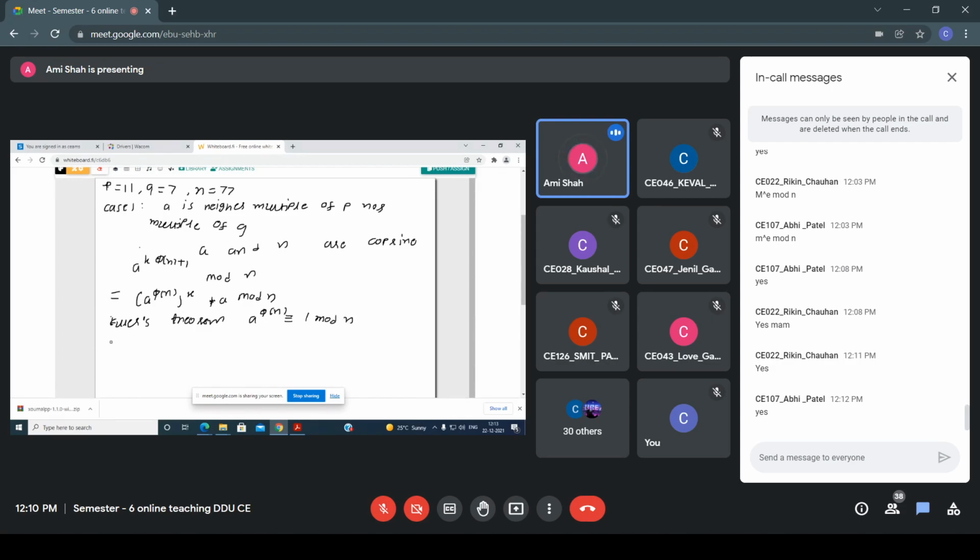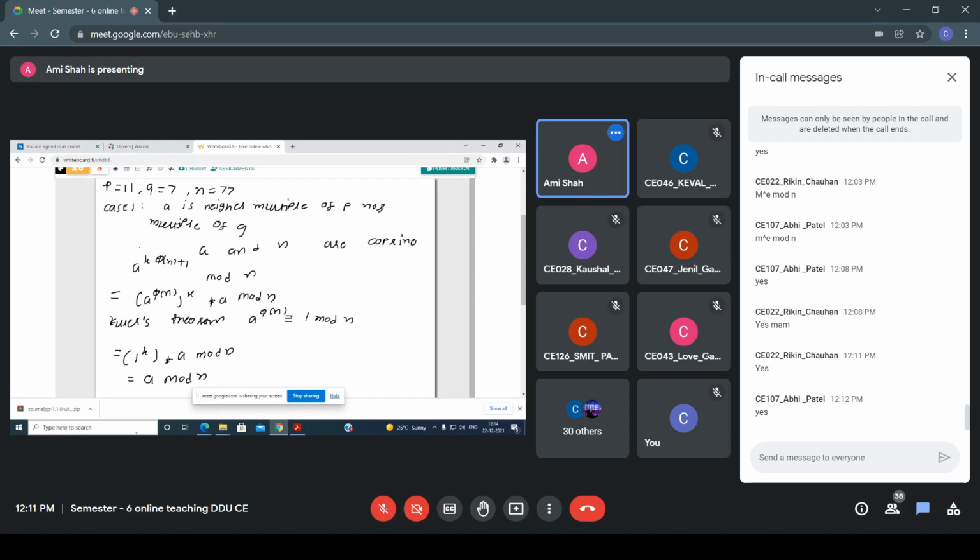So I can write 1 raised to k into a mod n. So from that I am getting a mod n.